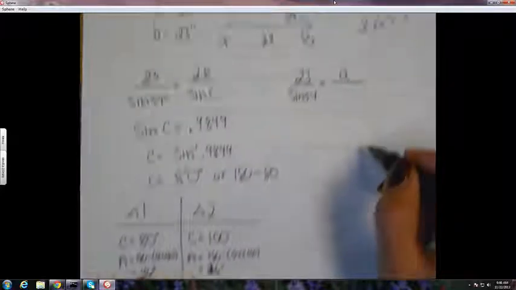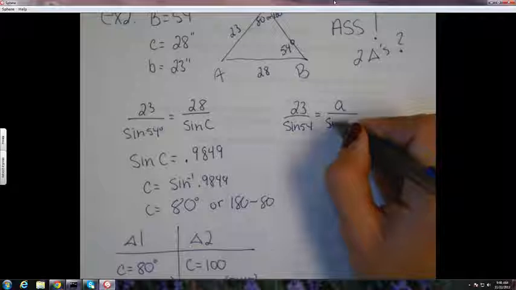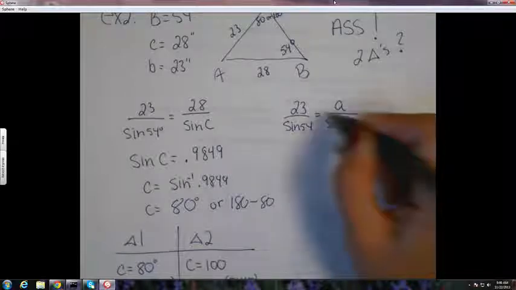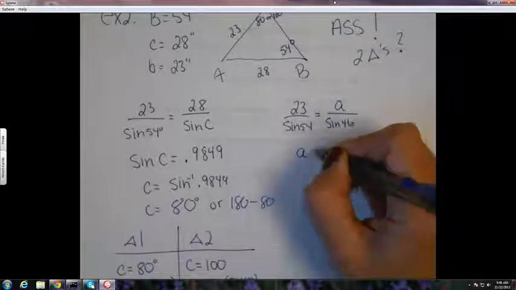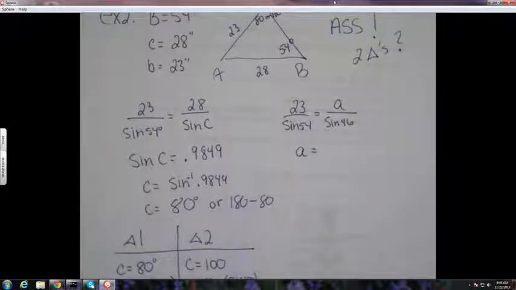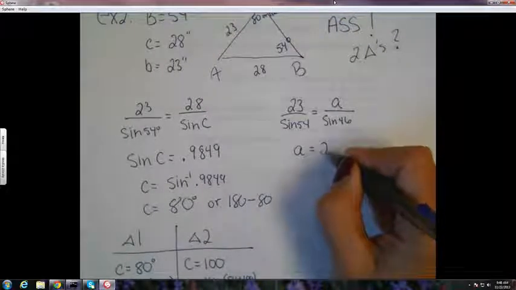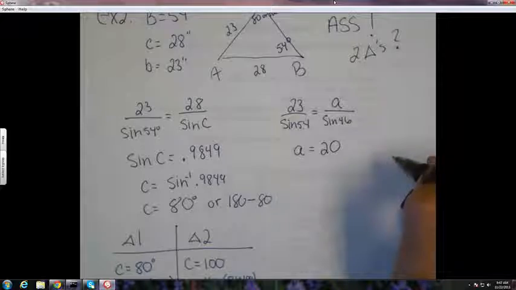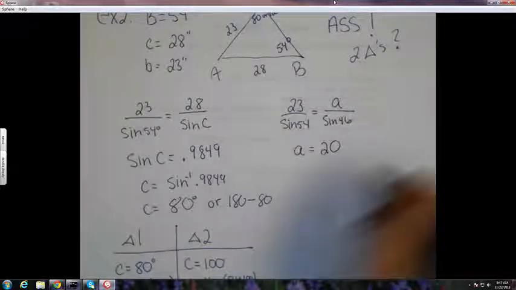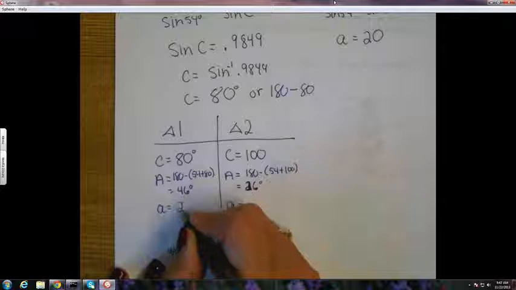So I'm going to use sine of 46, and then just cross multiply and divide to get a. I got 20, I guess, if I go 2 sig figs. Everybody okay with 20? Okay, so 20 is my remaining side in triangle 1.